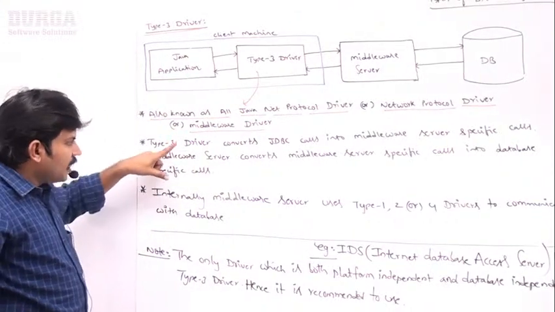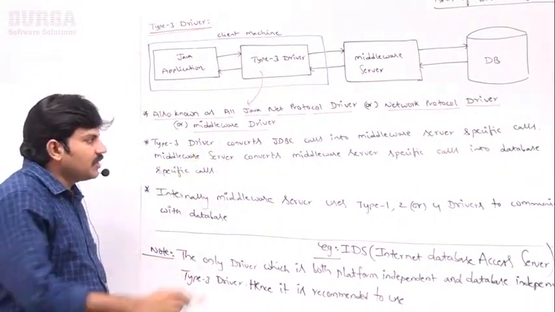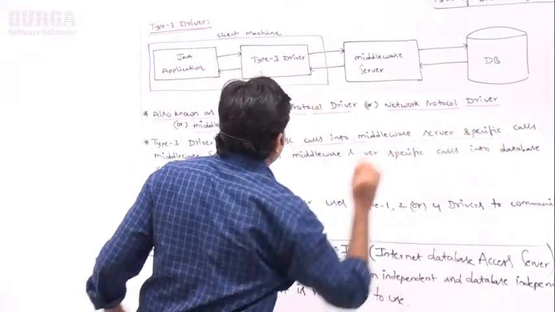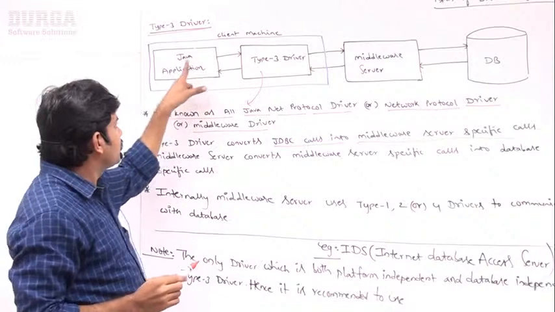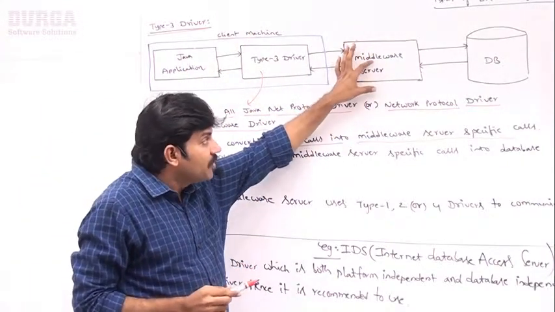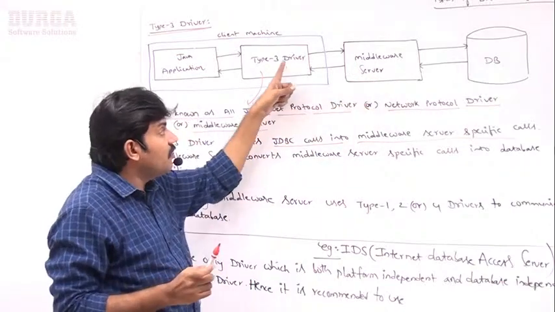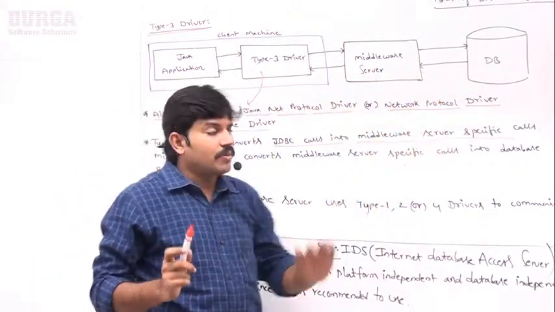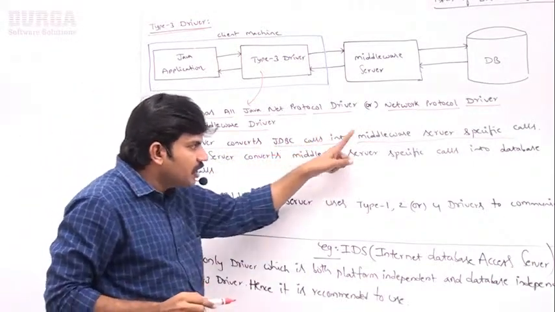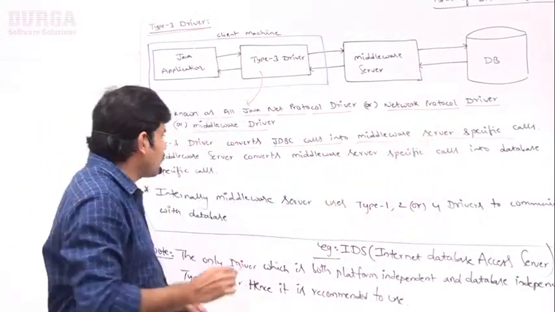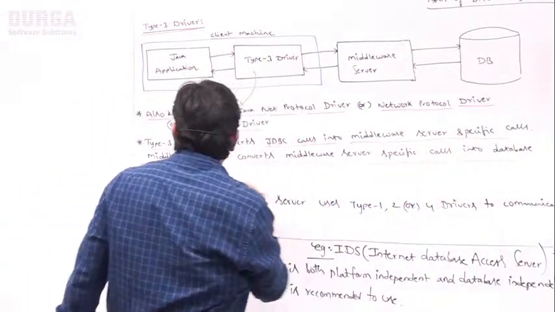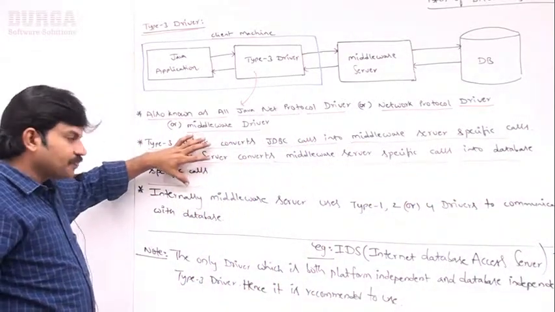Next, type 3 driver converts JDBC calls into middleware server specific calls. This middleware server converts middleware server specific calls into database specific calls. Have you observed? Clear, right?